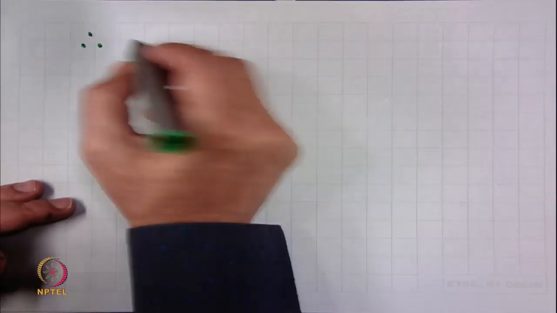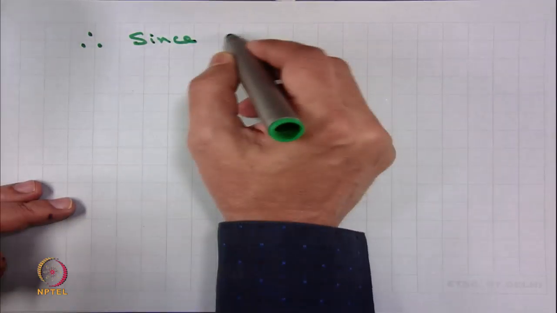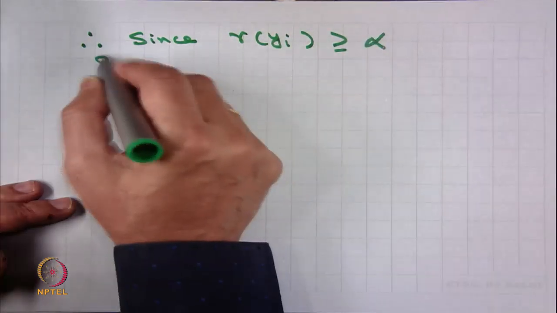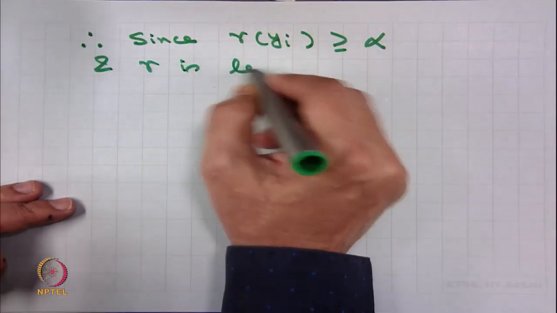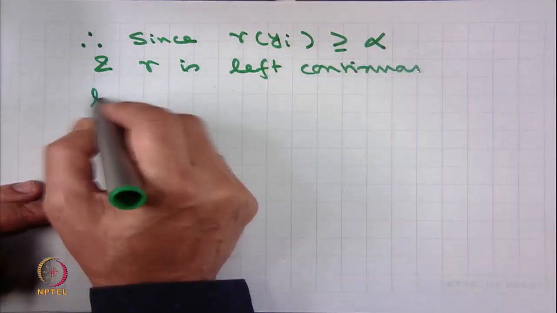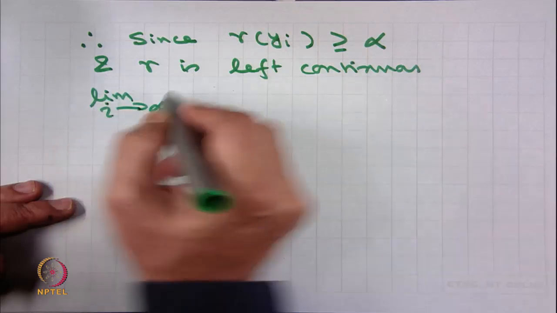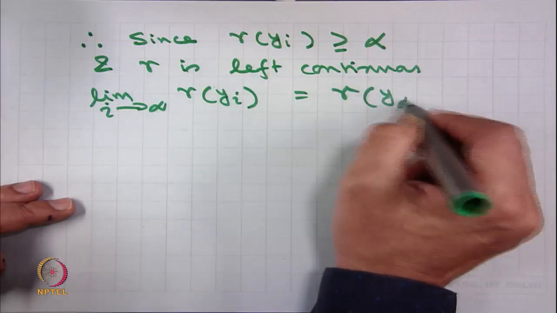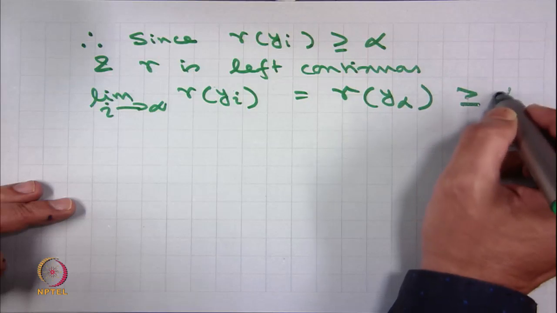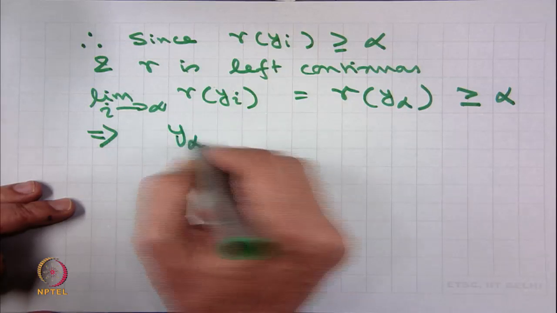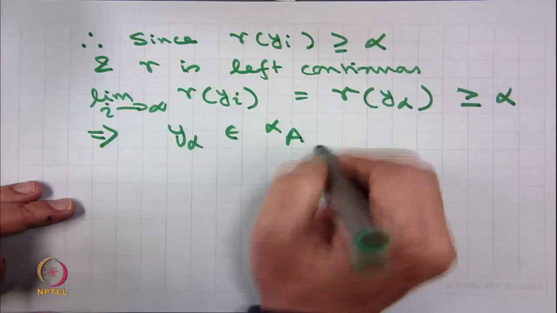Therefore, since r of yi is greater than or equal to alpha and r is left continuous, limit i going to infinity r of yi is equal to r of y alpha, which is greater than or equal to alpha, implies y alpha belongs to alpha cut of A.